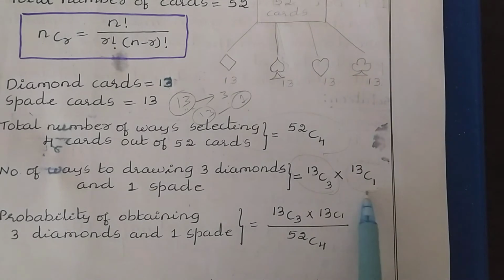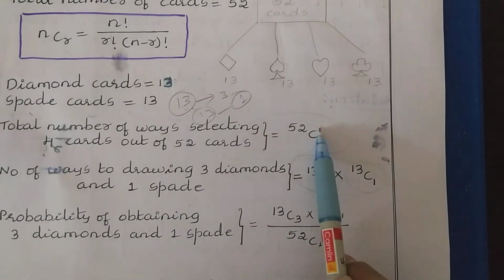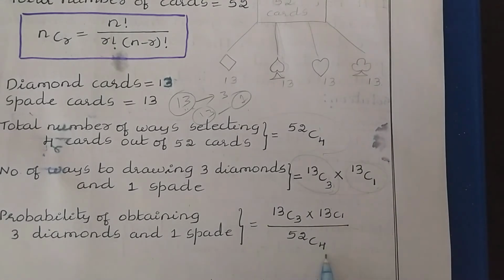So we have this. Next here, the probability of obtaining 3 diamonds and 1 spade. This forms the favorable outcome. So the probability generally we find using the formula favorable outcome divided by total possible outcome. So this forms the favorable outcome for this event divided by total possible outcome is 52C4.